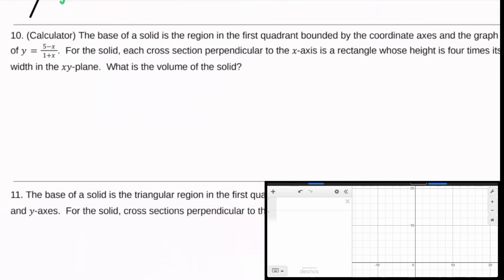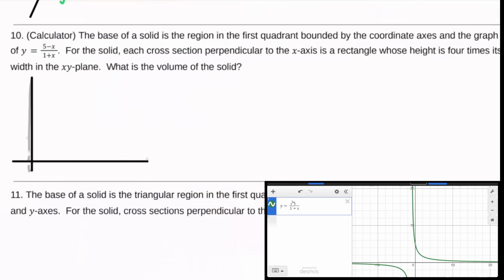All right, now this one is going to be a calculator problem. The base of the solid is the region in the first quadrant bounded by the coordinate axes and the graph of 5 minus x over 1 plus x. So I'm going to think about what that graph looks like. Maybe do some graphing.